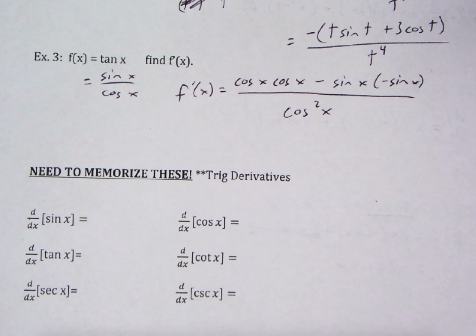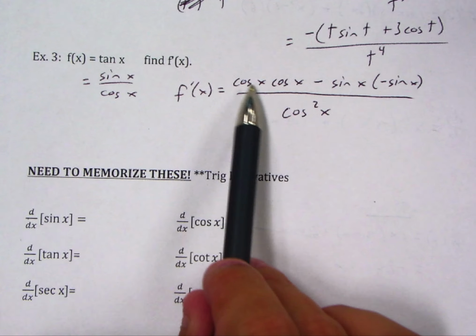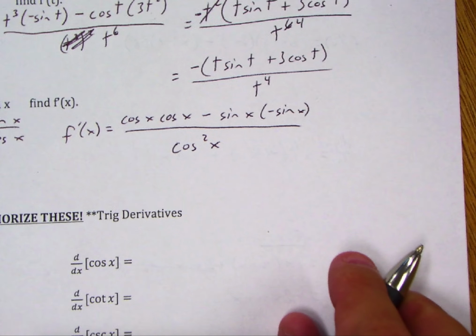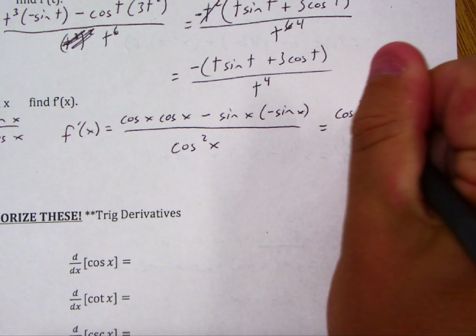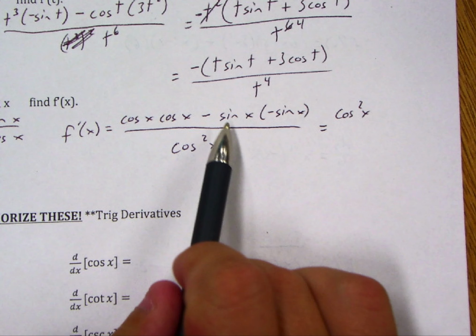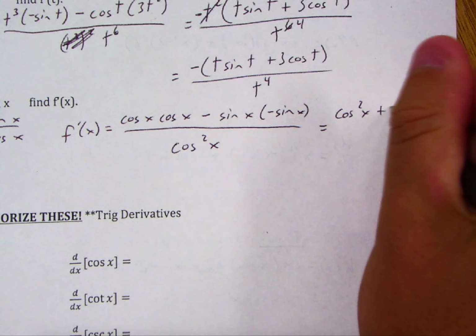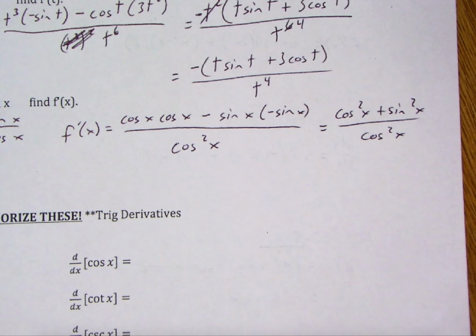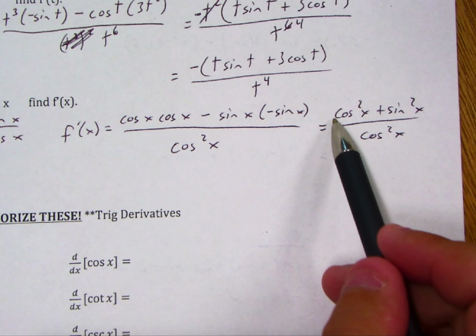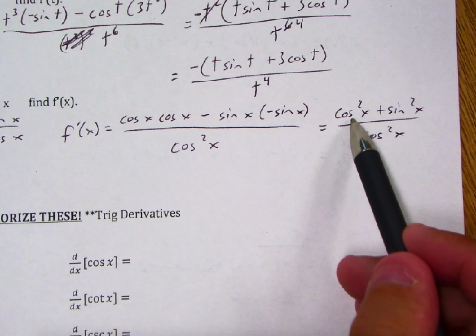Now let's clean this up just a tad. So this is going to be cosine squared. This is going to be positive sine squared. Now you cannot cross cosine squared out because cosine squared is not a factor.